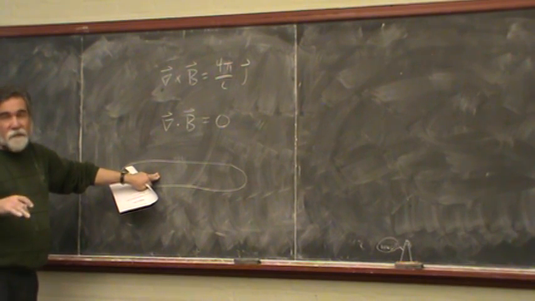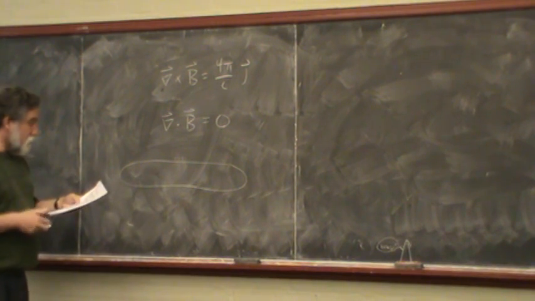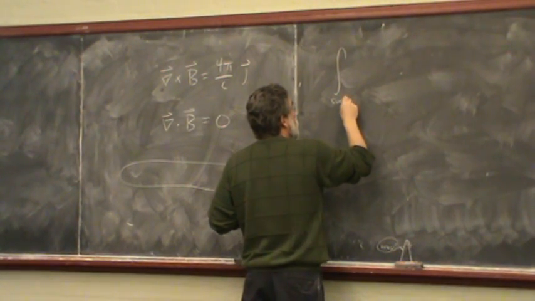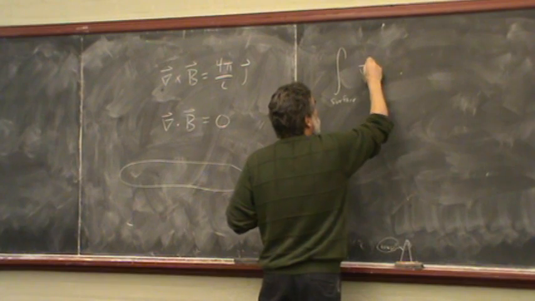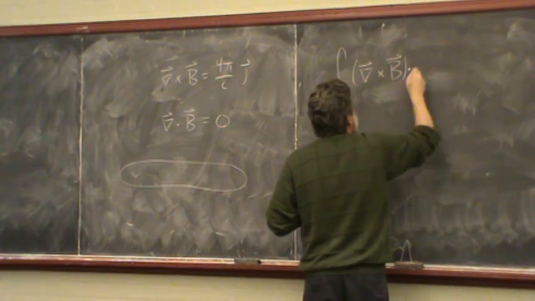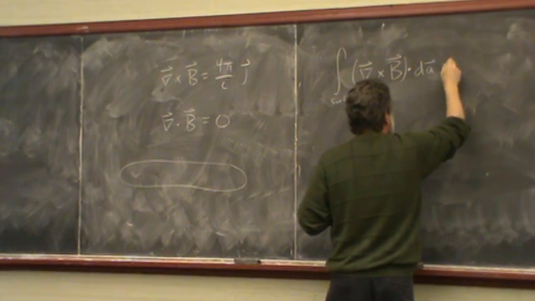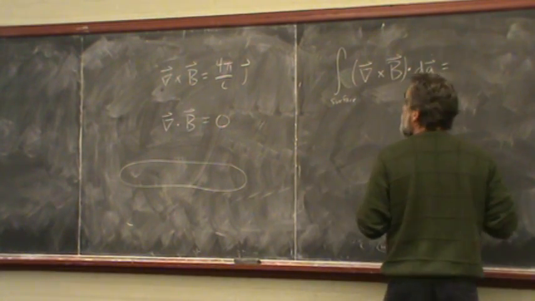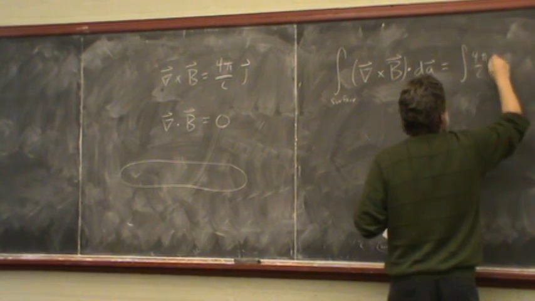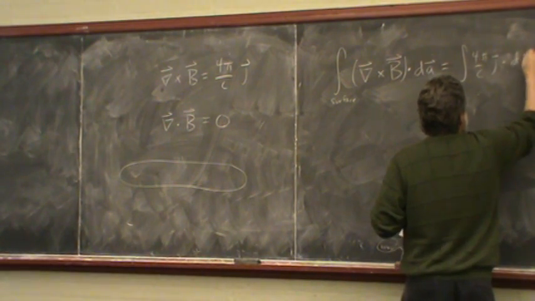Not the flux of the magnetic field, but the flux of the curl. And that's the integral over the surface of 4 pi over c j dA.